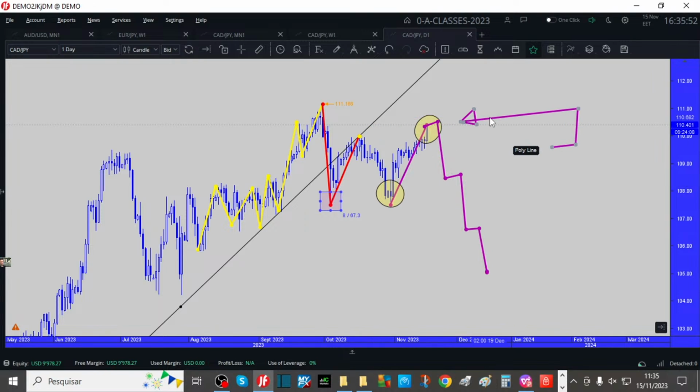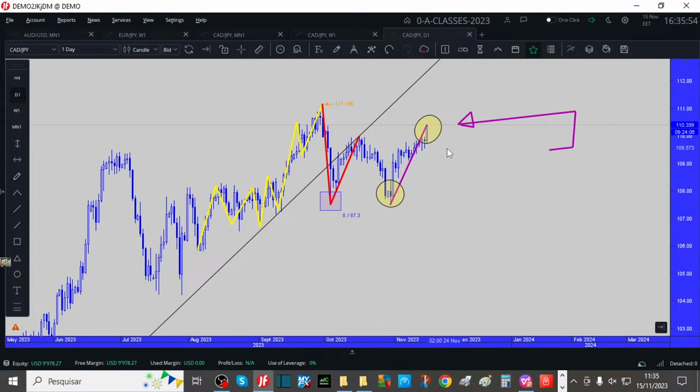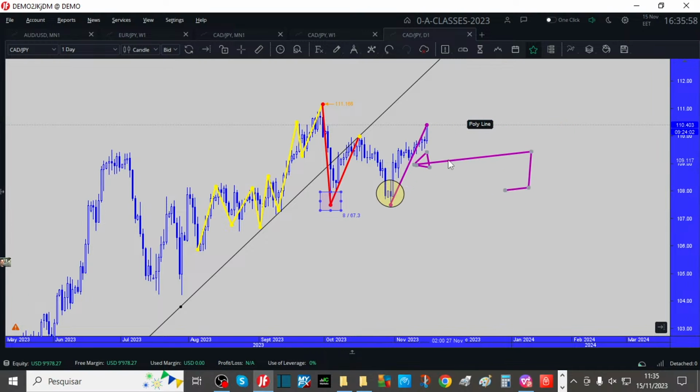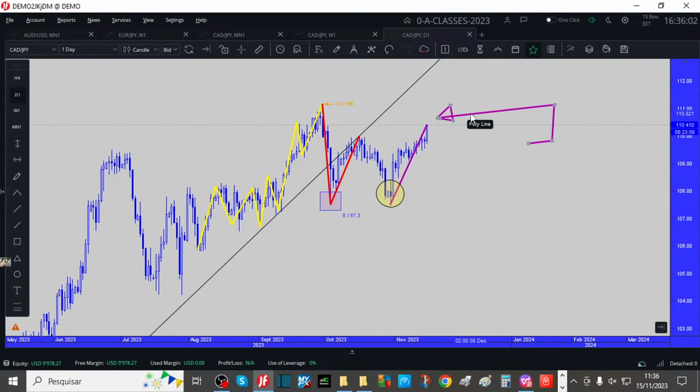Does this make sense? Especially because this is the first extension leg, and after the extension, what must come? A retracement. Exactly, a retracement must come.